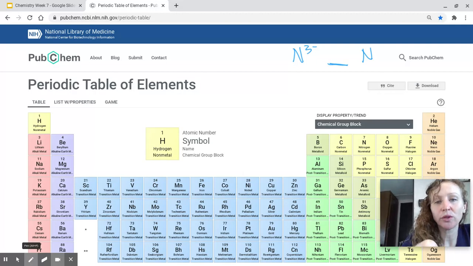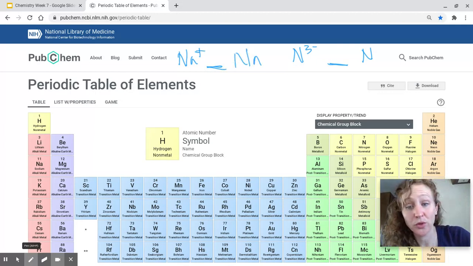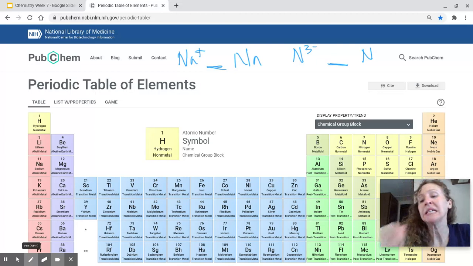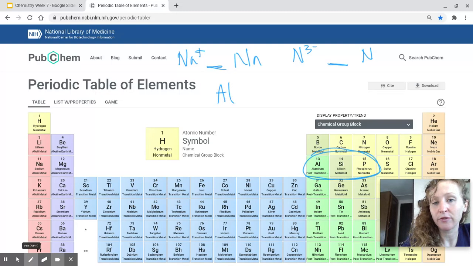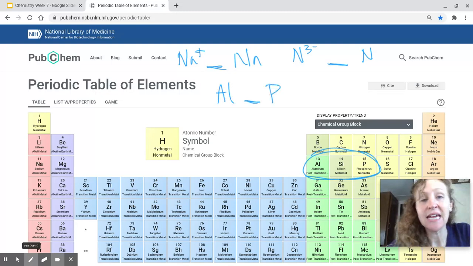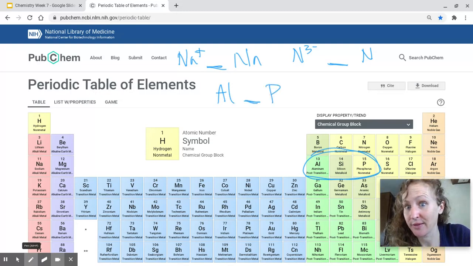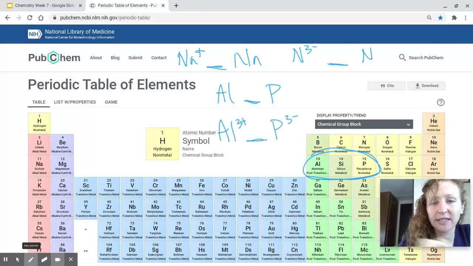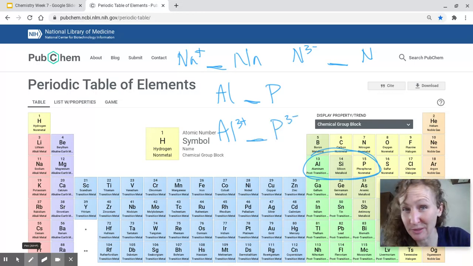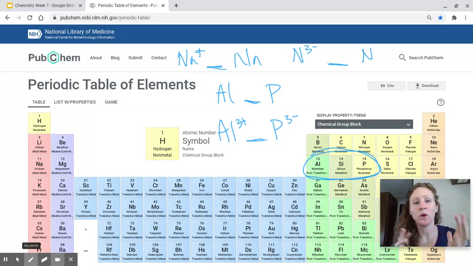And then let's do the sodium ion versus the parent atom of sodium. How will those 2 things compare? Let's do aluminum atom versus the phosphorus atom. How will those 2 things compare? And then let's do the aluminum ion versus the phosphorus ion. How will those 2 things compare? Okay, lots of things to compare.